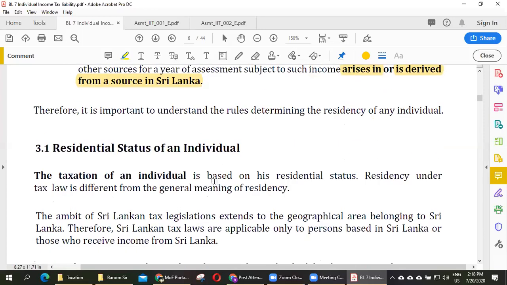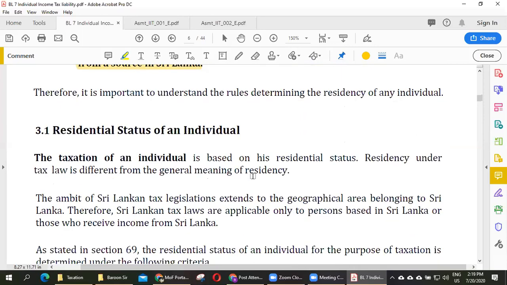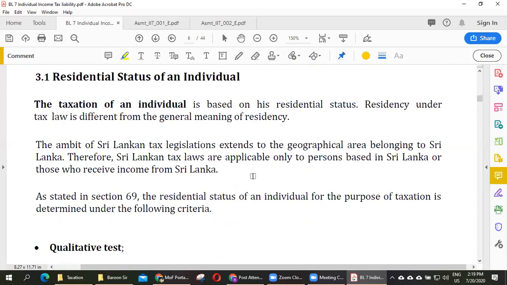Before that, we will understand who is a resident person and who is a non-resident person. The residential status of a person in Sri Lanka. So normally, whom do we call resident and non-resident?